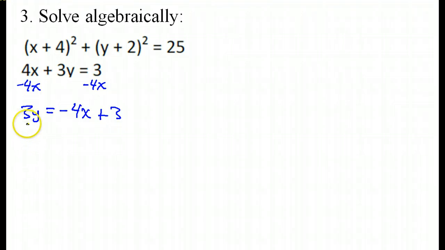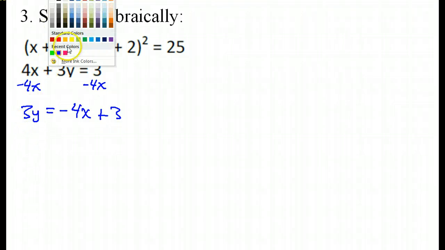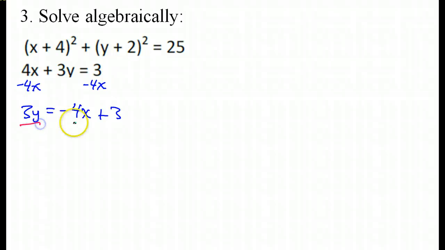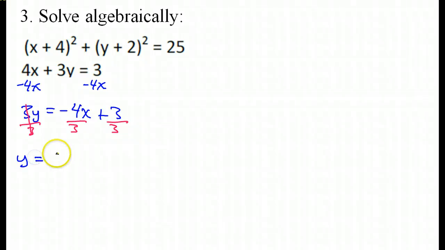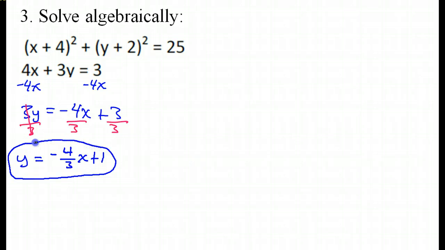And then we shall divide everything by 3. So what I'm going to have now is y equals negative 4 over 3 x plus 1. Okay, so far so good. That's the equation of the line.